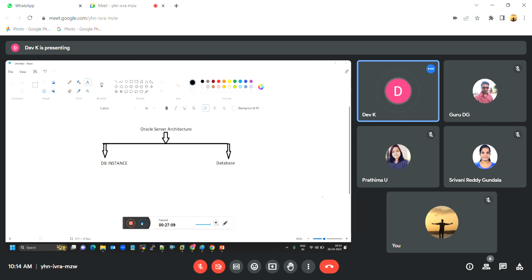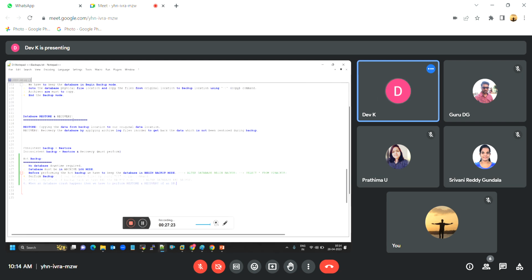See, the Oracle Server architecture consists of two things. One is physical structure, and the other is logical structure.